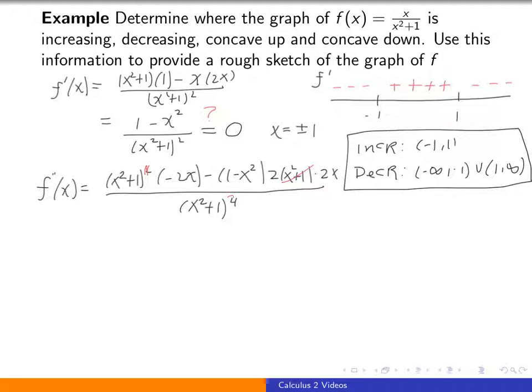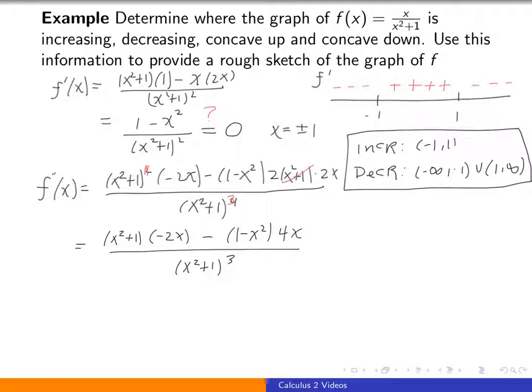And in the bottom, the new power is going to be 3. And I'm going to rewrite that because I don't want it to look too messy here. So in the top, we have x squared plus 1 times minus 2x minus 1 minus x squared times 4x, all divided by x squared plus 1 cubed.